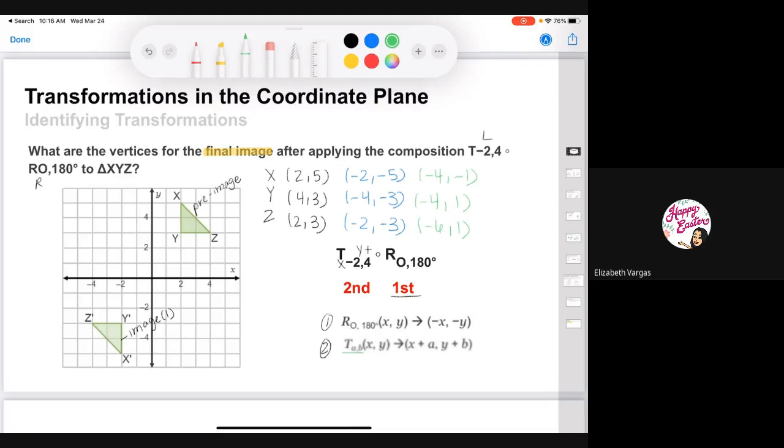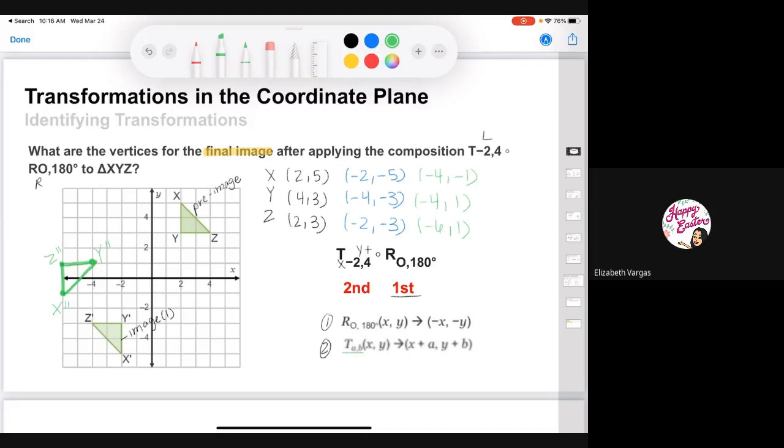And therefore, we have y double prime at (-4, 1), x double prime at (-4, -1), that is our x, double prime, because that's our second transformation, and then z is going to be (-6, 1), which is about right here. And therefore, you'd be able to create your image after both of those transformations.